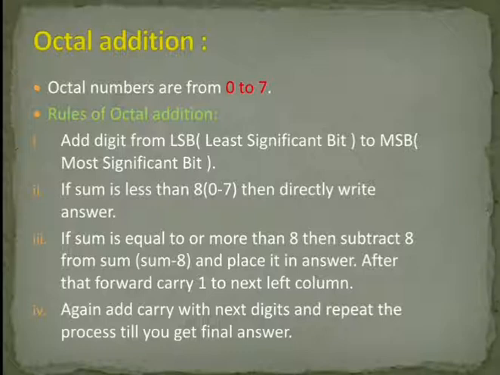Why are we subtracting it? Because octal numbers never contain any digit which is greater than or equal to 8. That's why we subtract 8 from the answer and then provide one carry to the next left column.